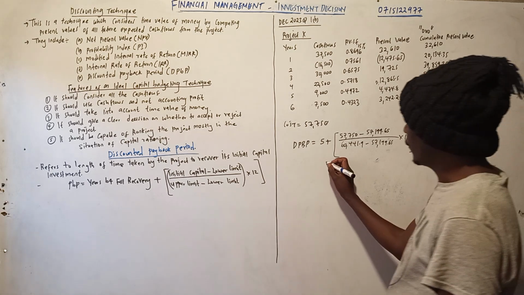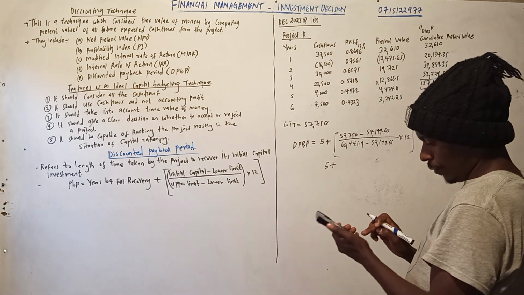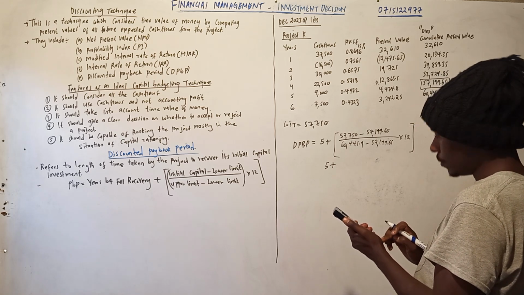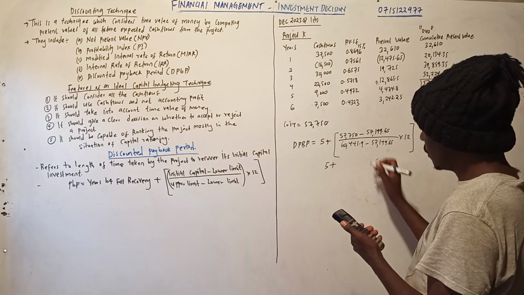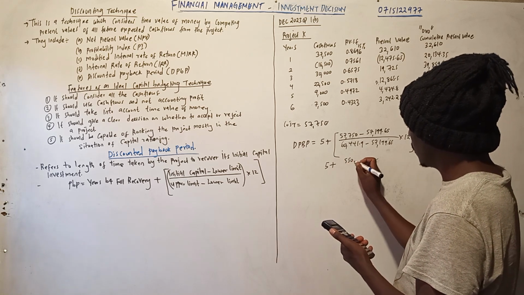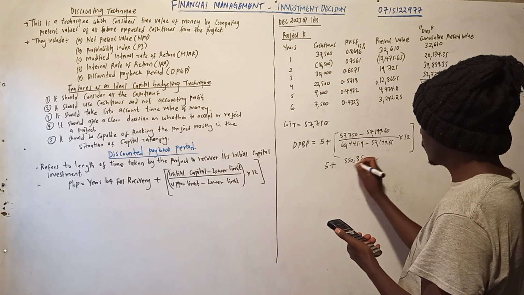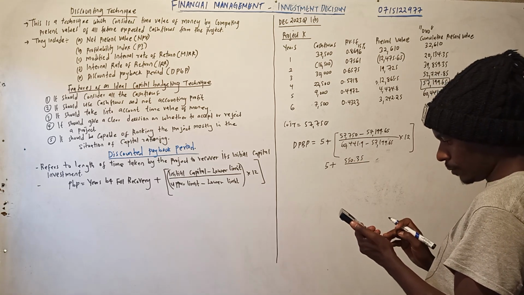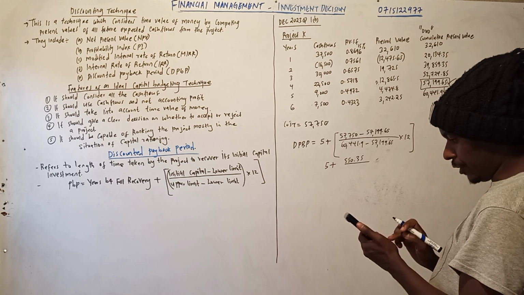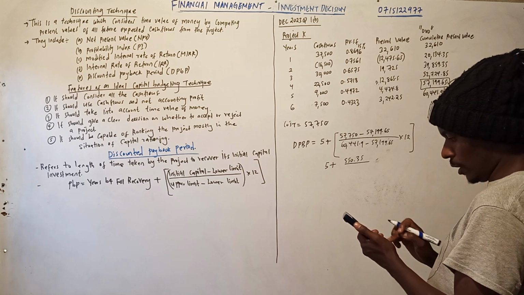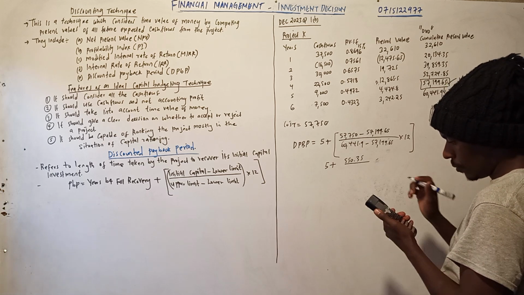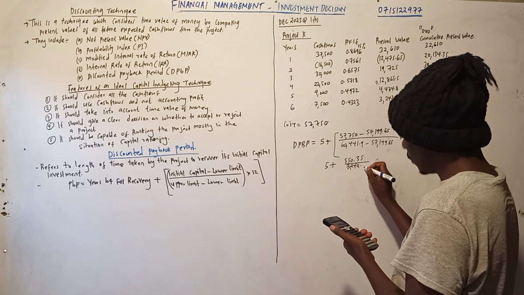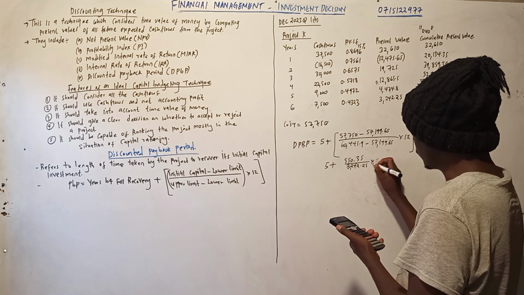So it will be 5 plus 57,750 minus 57,199.65, which is 550.35, over 60,441.9 minus 57,199.65, which is 3,242.25, times 12.